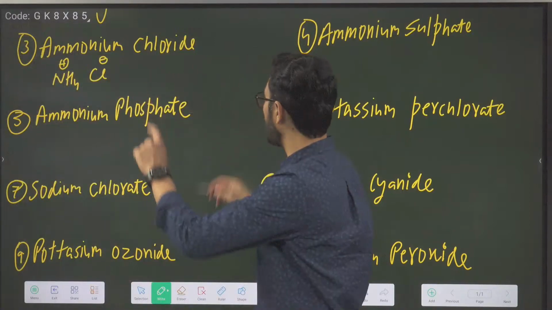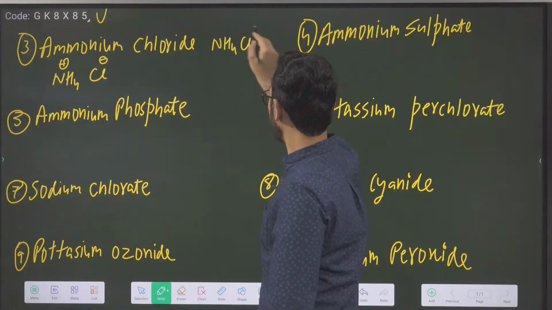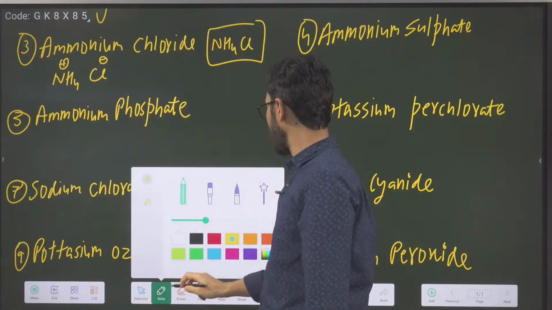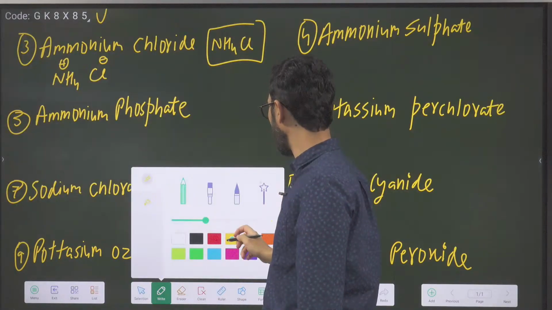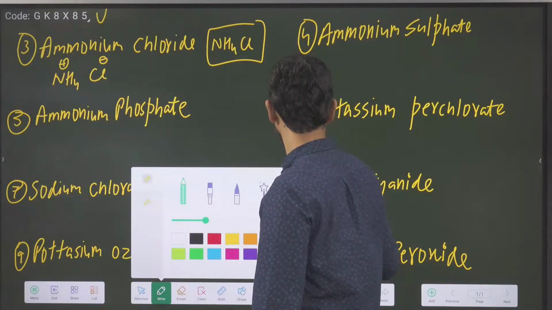Net charge 1 and 1. So it becomes NH4Cl. We have to write the simplest ratio, so 1:1 is coming directly.